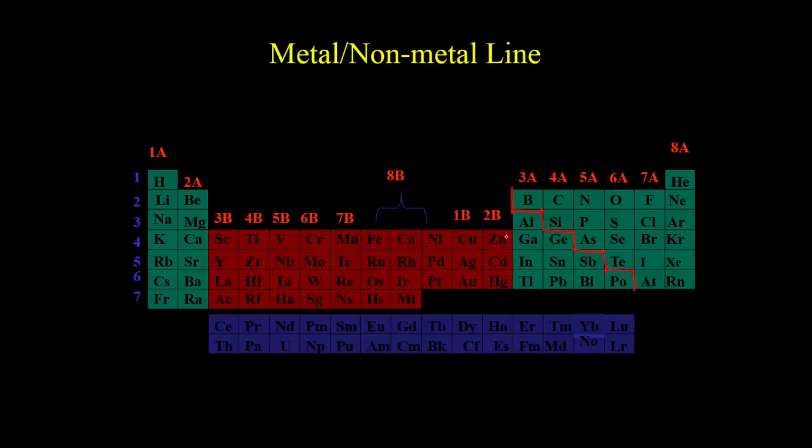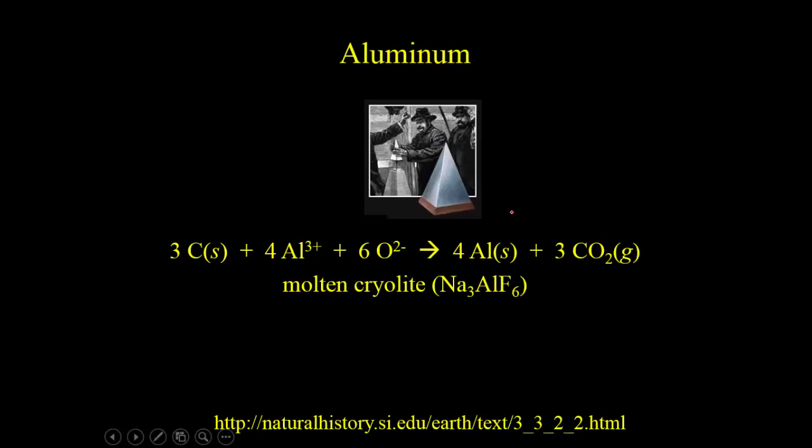So we would expect aluminum to be a metal, boron to be a nonmetal, although actually the elements right along this border are considered metalloids because they're at the borderline. They're not quite metals, not quite nonmetals, or sometimes act like metals, sometimes act like nonmetals, so they're called the metalloids.